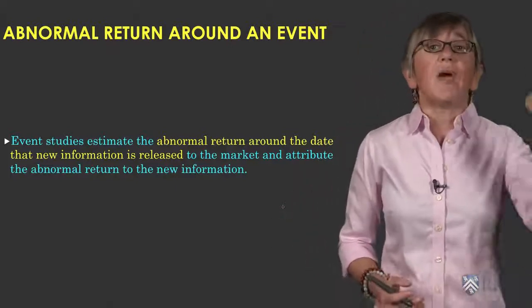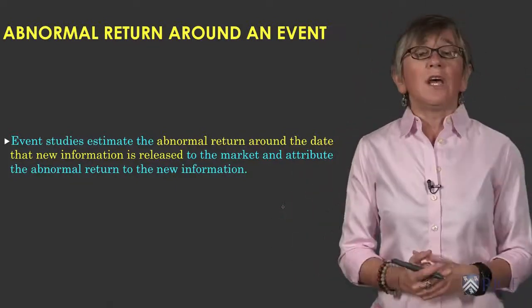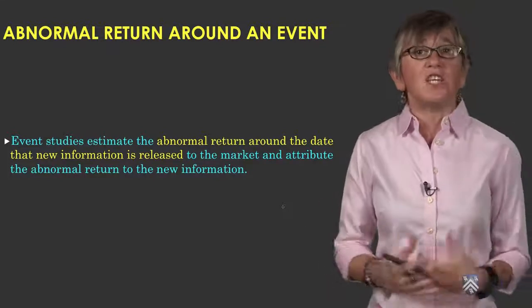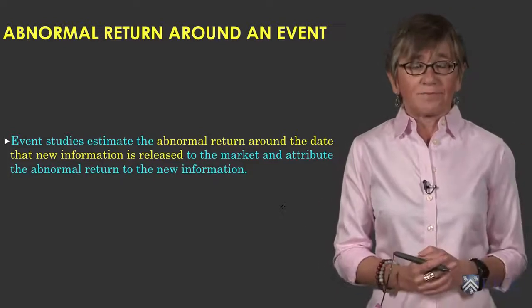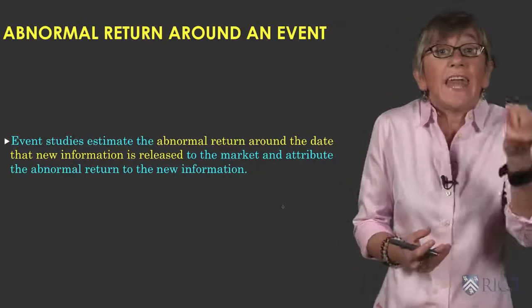The idea is to estimate the abnormal return around the date when new information is first released to the market. For example, this could be the date of an announcement.